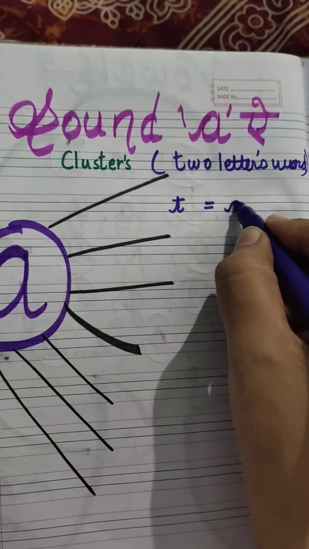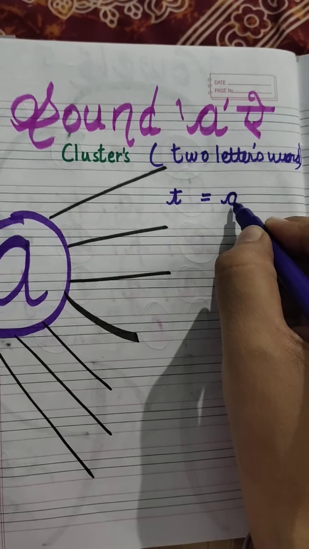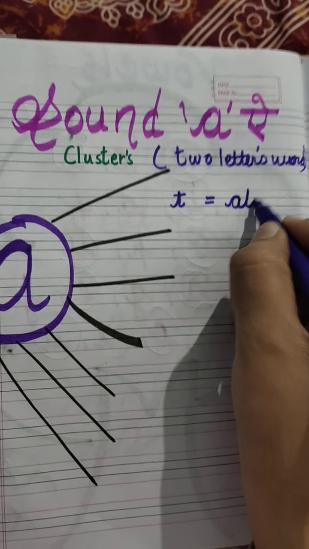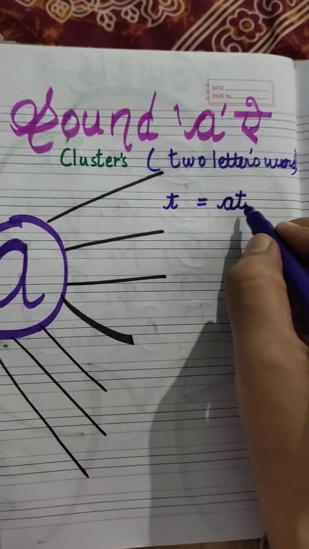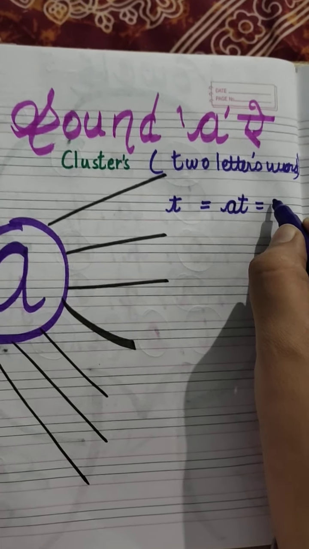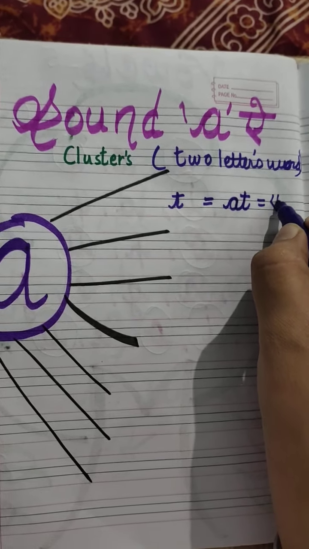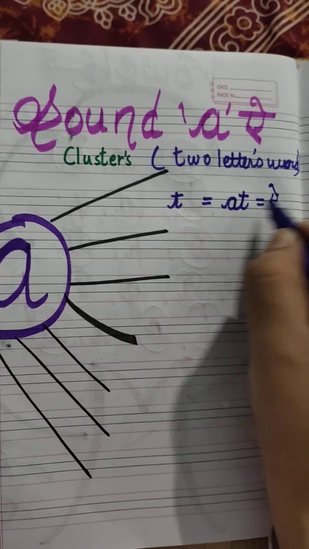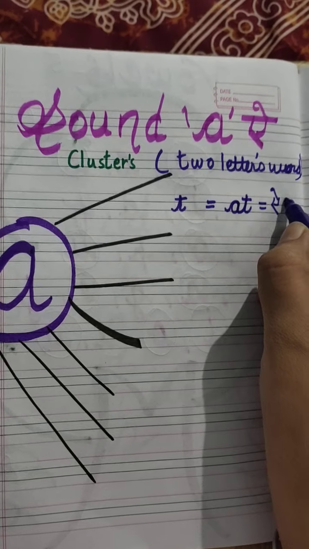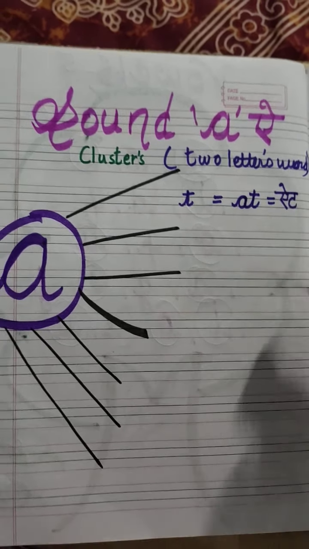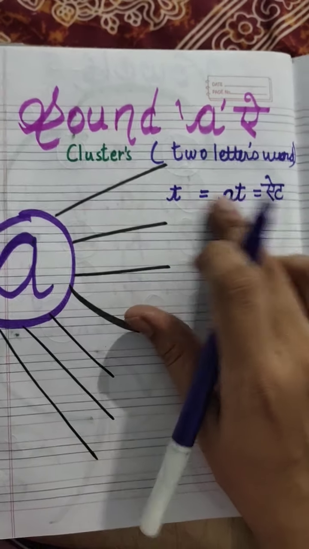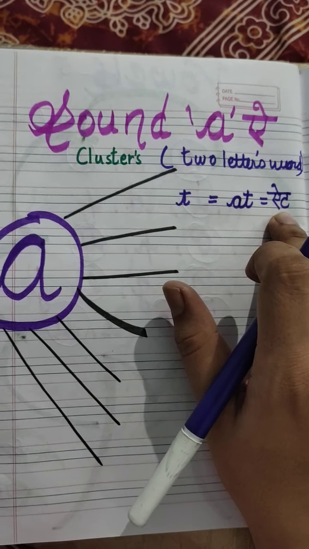This is A, because the sound of A is A, and the second consonant is T. This is at, because the sound of letter A is A and the sound of consonant T is T. So these both make the sound at.